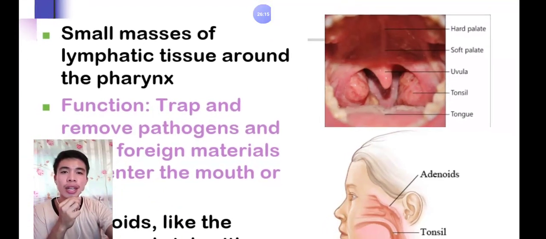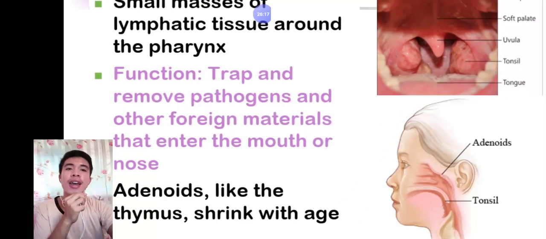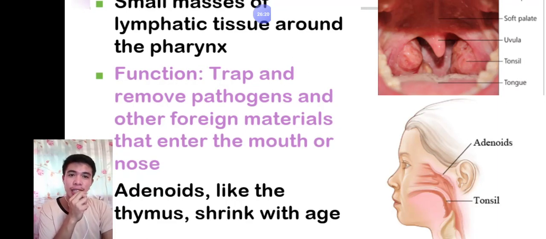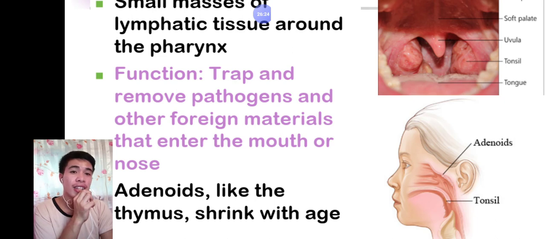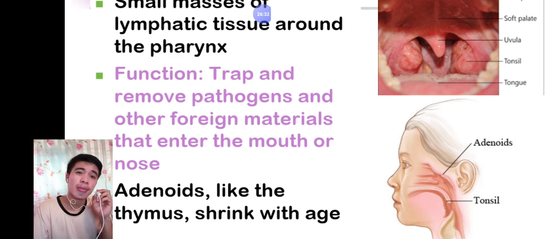Mao na siya ang tonsil. Function niya is trap and remove pathogens and other foreign materials that enter the mouth or the nose. So, ginatrap to niya ang mga pathogens like bacteria, like for example sa atong mga ginakaon nga pagkaon. Ang trabaho sa tonsils is magatrap og mga pathogens, trap and remove the pathogens.